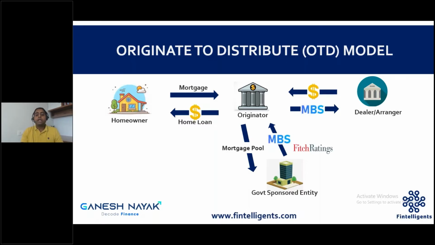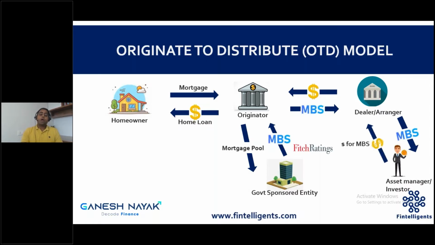Now the dealer and arranger get this MBS product and try to sell it to the investors. Investors can be asset managers, fund managers, pension fund managers, insurance companies, who directly have the money from the retail customers, and they pay the money for this product.